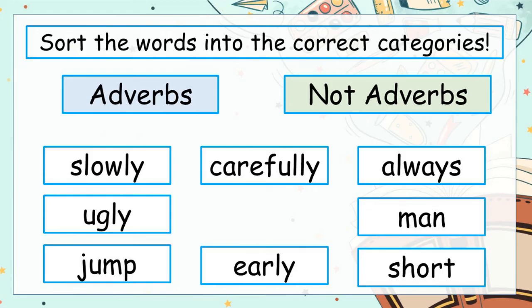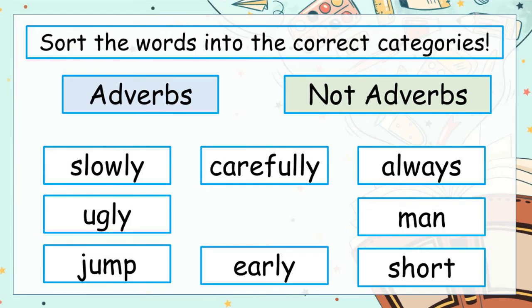Okay, now that you're getting a little bit more familiar with adverbs, can you sort the words below into the correct categories? Some of them are adverbs, some of them are not. Be very careful. Try to put them in sentences with verbs before them to see if they really are adverbs. Pause the video and give it a try.